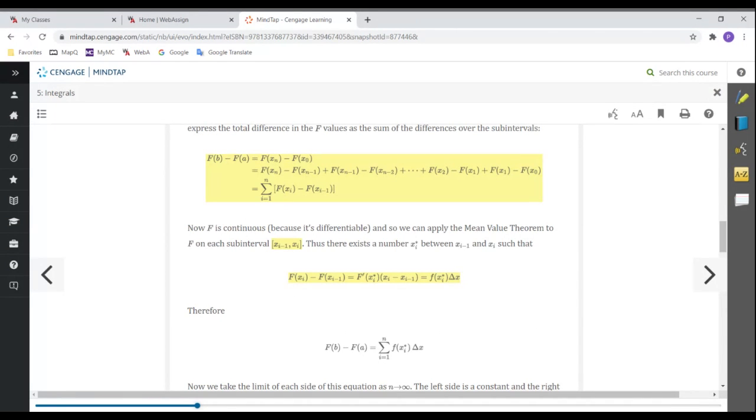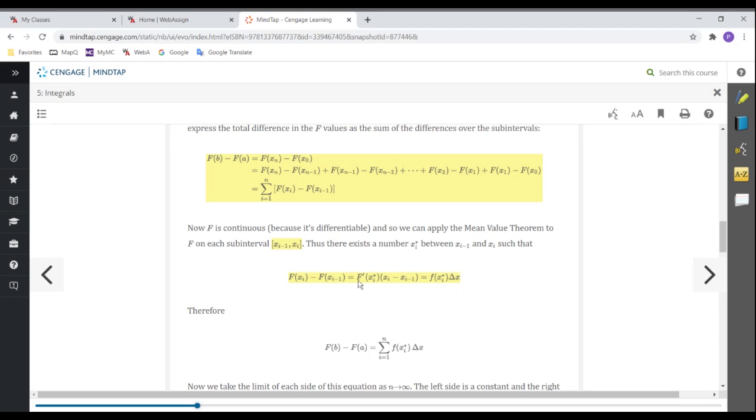It says that the difference of capital F of x_i minus capital F of x_{i-1} is equal to the derivative of capital F evaluated at x_i star. Capital F is the antiderivative, right? So the derivative of the antiderivative, evaluated at that point, times the width of your interval, and that width is delta x.